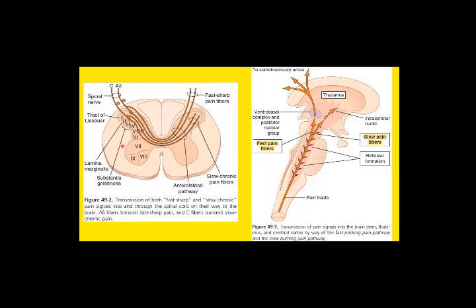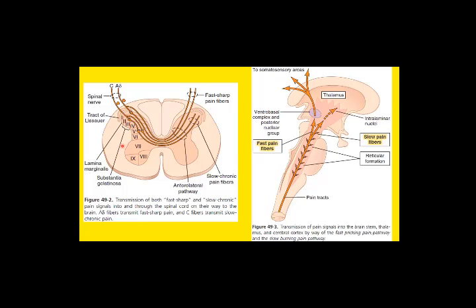Now we are going to discuss the most important topic of today's discussion, that is the pain pathways. We have discussed the two types of pain: fast pain versus slow pain. Fast pain is acute, well localized, and sharp.